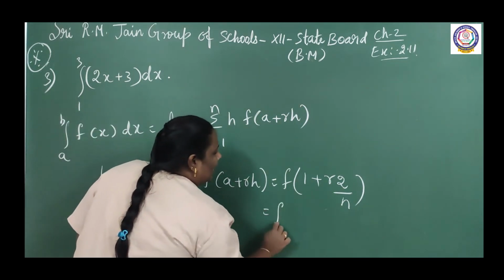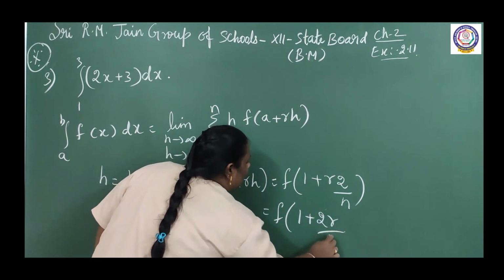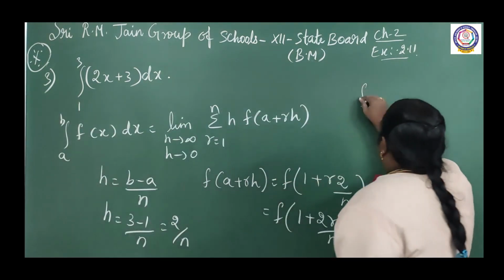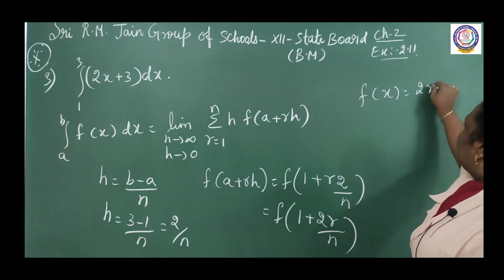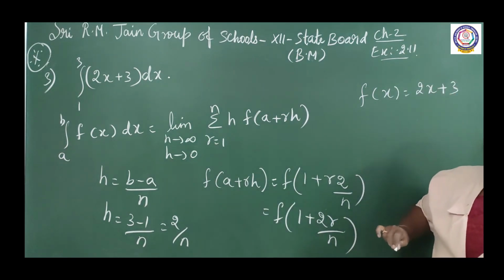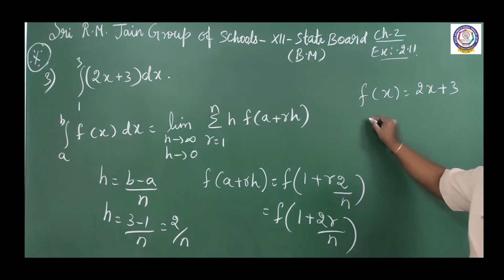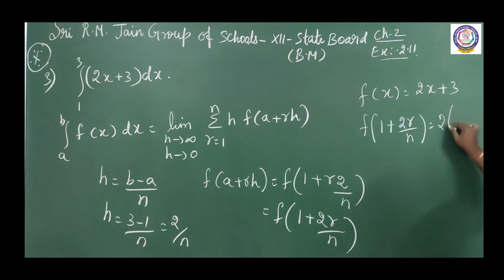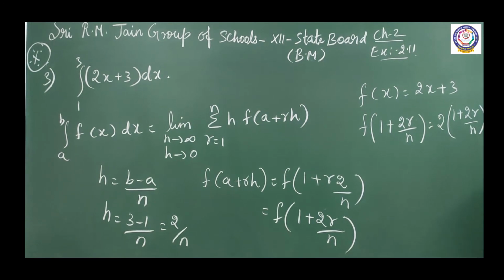So it gives f of 1 plus 2r by n, but in the place of f of x, what is the value here? f of x equals 2x plus 3. So f of 1 plus 2r by n equals 2 into, in the place of x you replace by 1 plus 2r by n, plus 3.